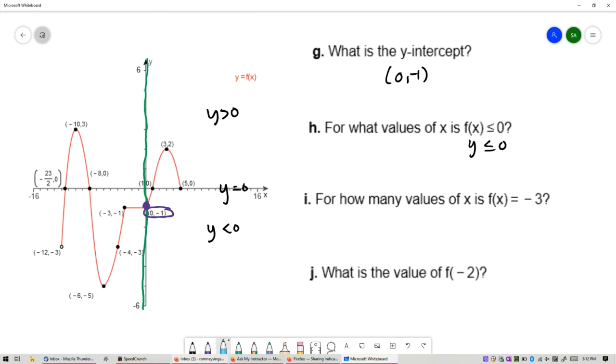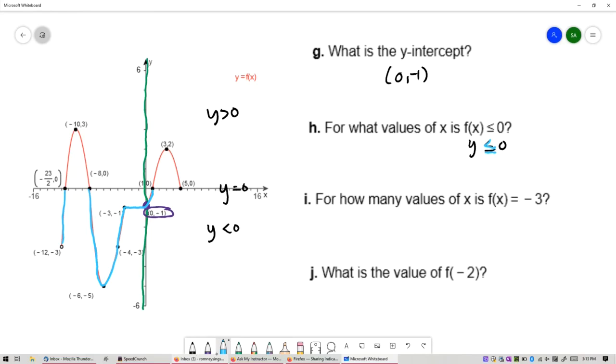So we want to know when y is less than 0. That's going to be below the x-axis. And also when y is equal to 0, that's going to be on the x-axis. So let's highlight the points that are below. So that's these points here. Those are all the points with y values that are less than 0.